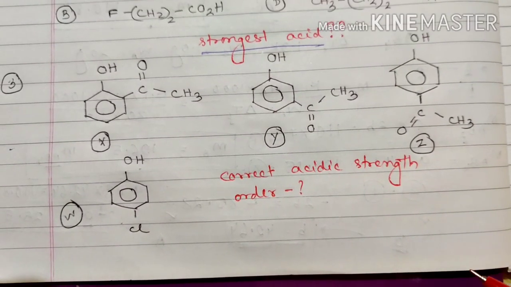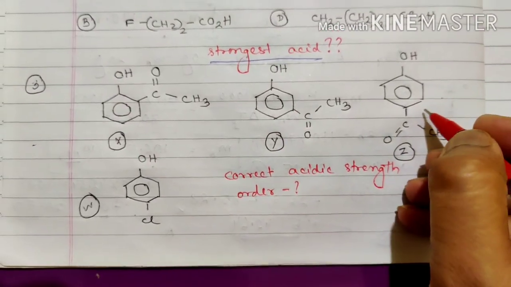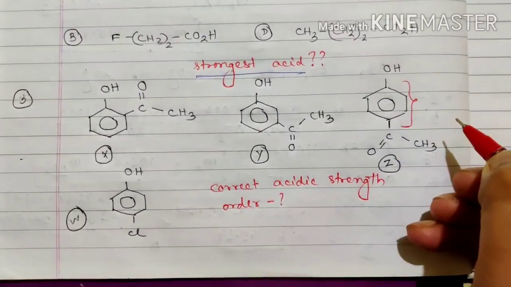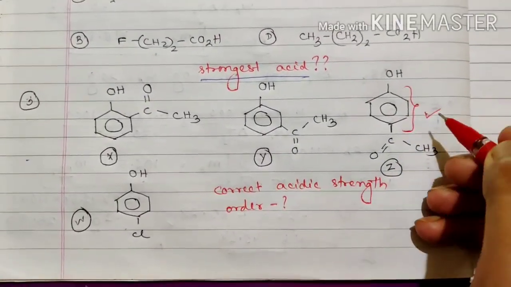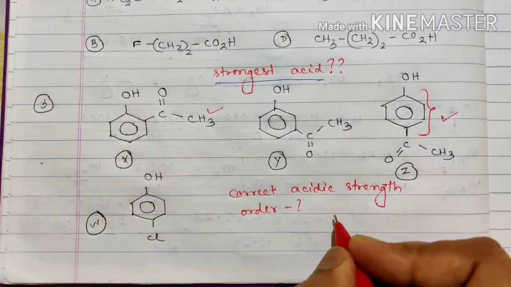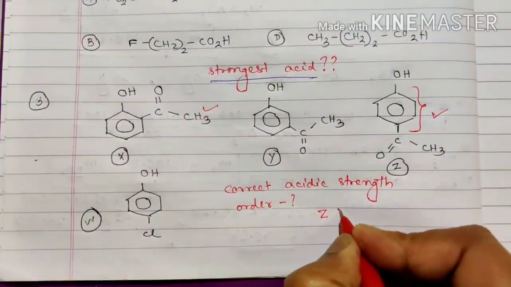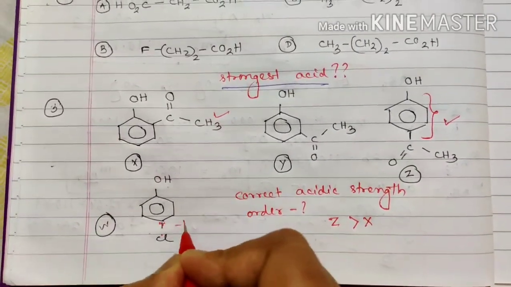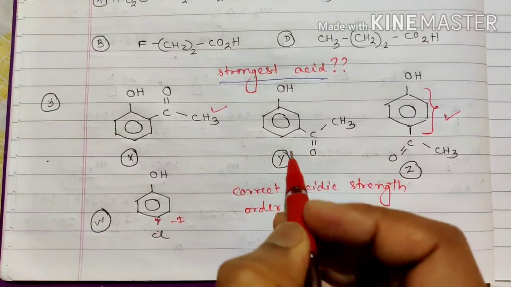So from the above discussion, it is very clear that in Z, because of the circulation of electron throughout this region, the conjugate base will be most stable, followed by this one. So the order will be Z followed by X. Now here also, as we have discussed, there is a minus I effect, but not very strong.